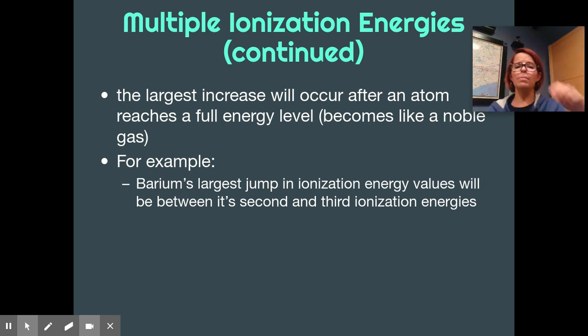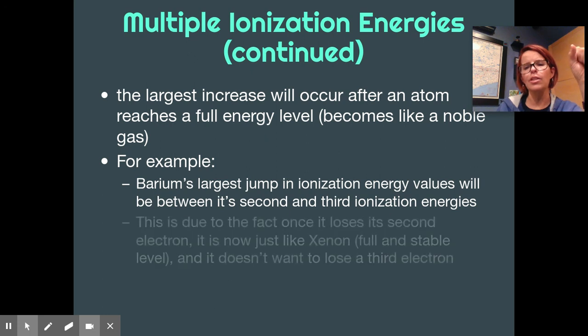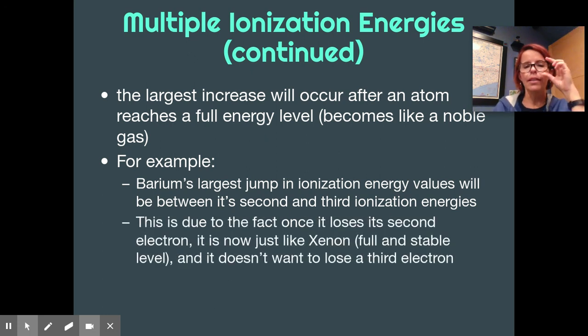So it says barium's largest jump in ionization energy values will be between its second and third ionization energies. You pluck off those first 2 and it's easy, but the jump to the third is enormous. This is due to the fact that once it loses its second electron, it's now just like xenon, a full and stable level, which is a noble gas, and it doesn't want to lose a third electron.